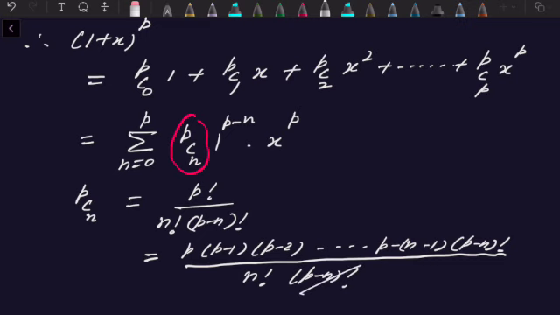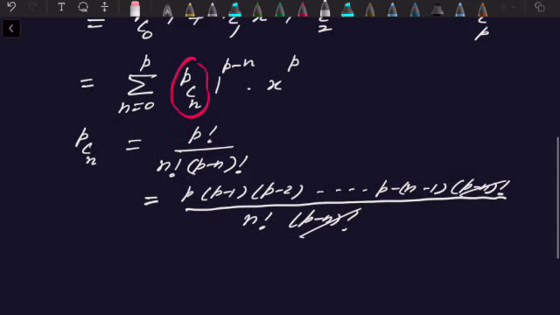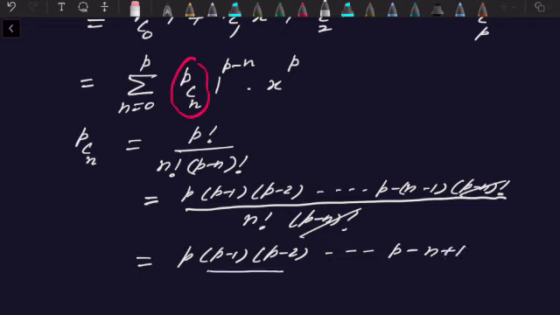We can cancel the factorial in the numerator and denominator, and that simplifies to p into p minus 1, p minus 2 and so on, up to p minus n plus 1, divided by n factorial. So this we can plug in over here.